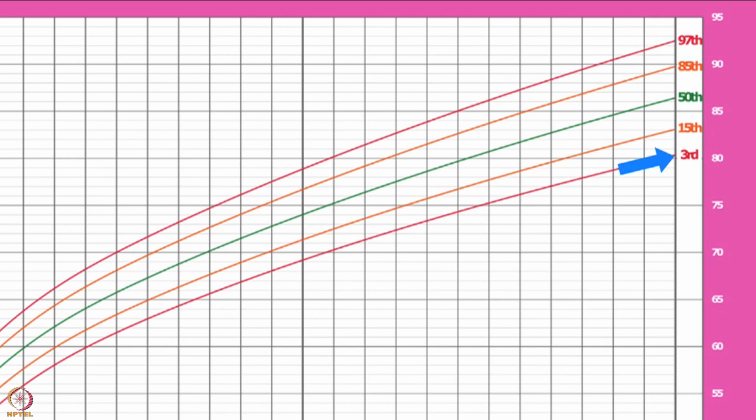The 3rd and 97th percentiles are shown by red-colored lines. The 15th and 85th percentiles are shown by orange-colored lines. The 50th percentile is shown by a green-colored line.